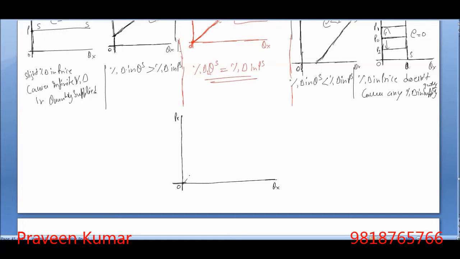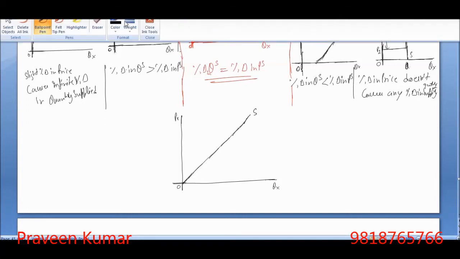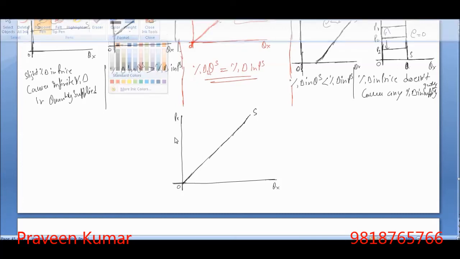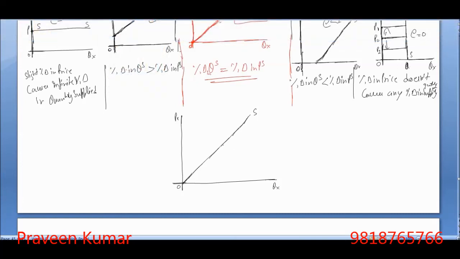Suppose this is the supply curve that is originating from the origin, and we are supposed to calculate elasticity at a particular point. Let's calculate elasticity at this point. Let us mark this point as point A.